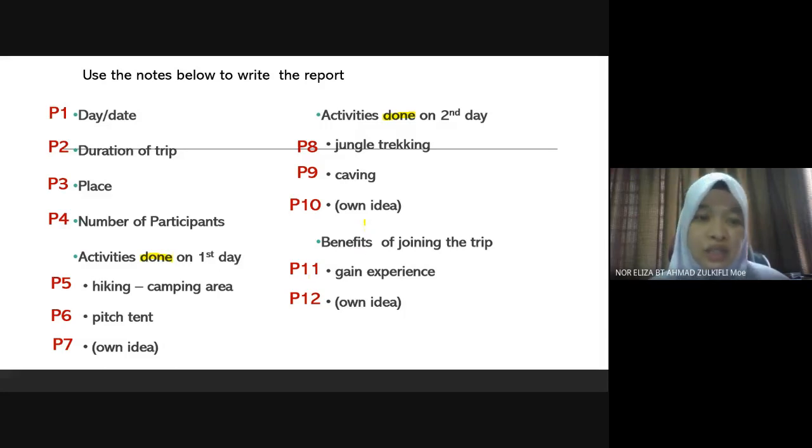These are the only indications to show that you must use the past tense. Now, I hope you take this very seriously because sometimes you forget. When you forget, then you don't write it in the past tense. All right? The word done here and also in the first part of the question.